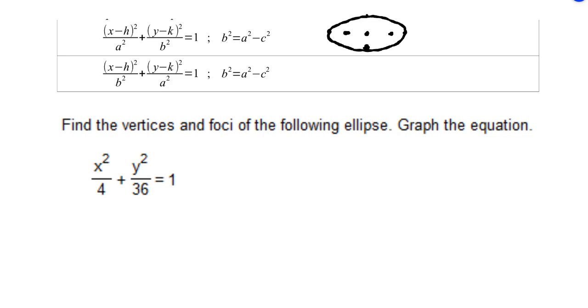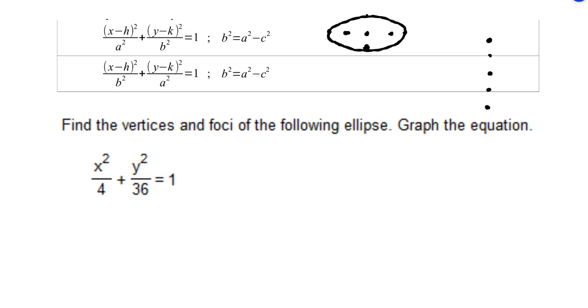Then in the other equation, you can see that a is underneath the y. Remember, a is going to be larger than b. So a being under y means that this has a vertical orientation, a vertical major axis. So if I were to sketch that, we would have a center. c distance away from that center, we would have our foci. a distance away from that center, we would have our vertices.